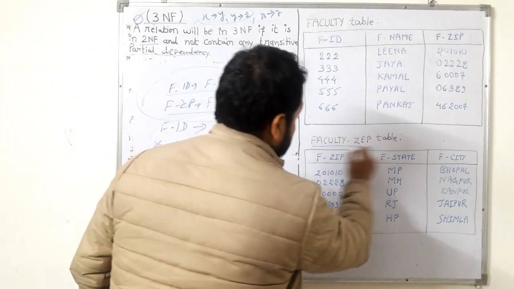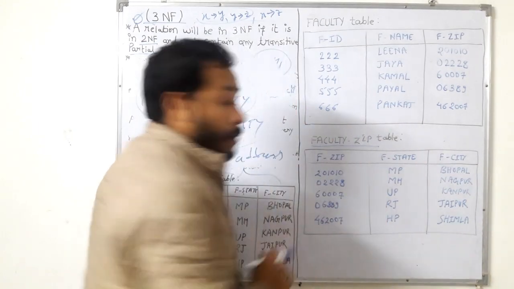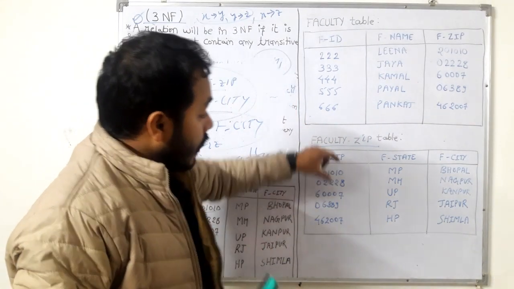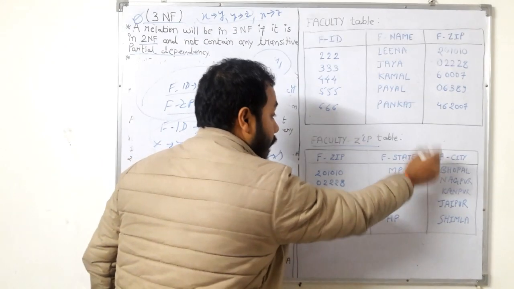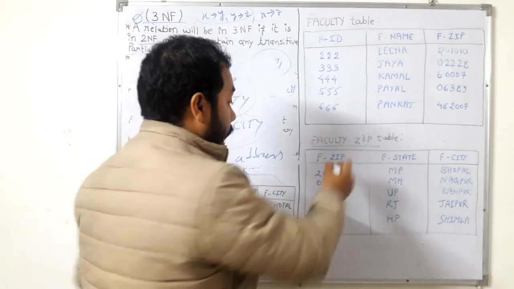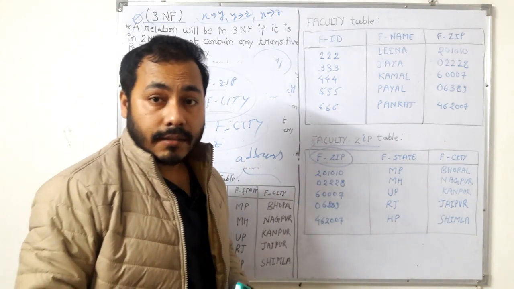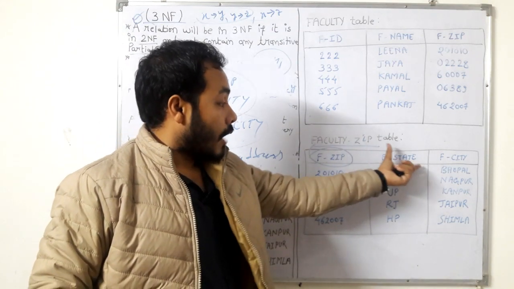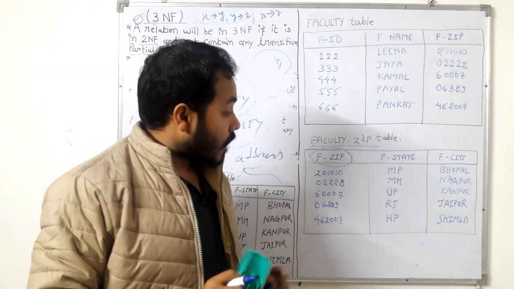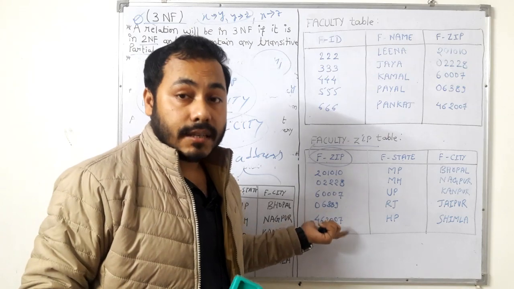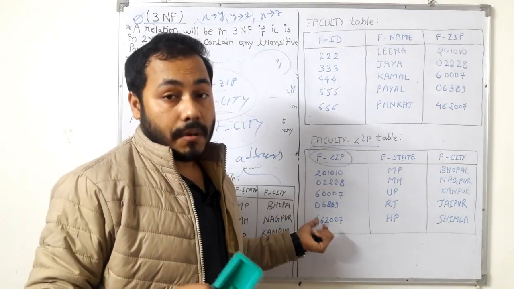See, this should be the faculty zip table, and here I am including FZIP, FState, and FCT. Now FZIP will be our candidate key, isn't it? And it is deriving all the other attributes. No transitive dependency exists in this table, so we can claim that this table is in third normal form.